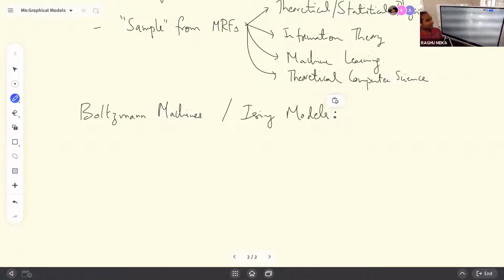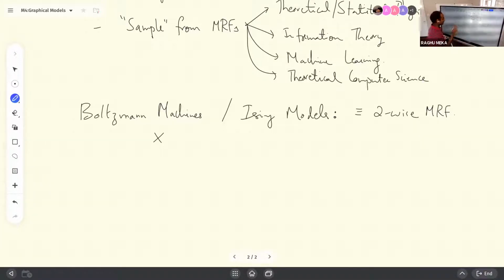So this is basically a t-wise Markov random field where you take t to be 2. Right. So this is just equivalent to a 2-wise Markov random field. And just for concreteness, and pretty much any case can be reduced to this binary case, let's also consider the situation where the domain of the distribution is just bits.